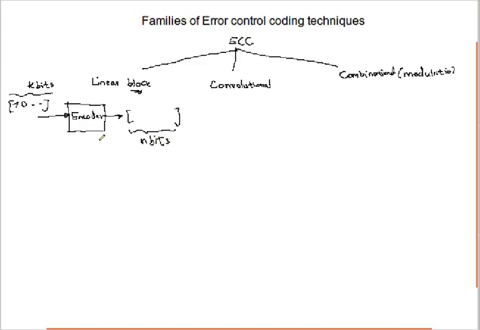In this case n is larger than k, so you add some redundancy, like all error control coding techniques, where we add some bits to the input stream just to have the ability to control the errors that may occur at the receiver.